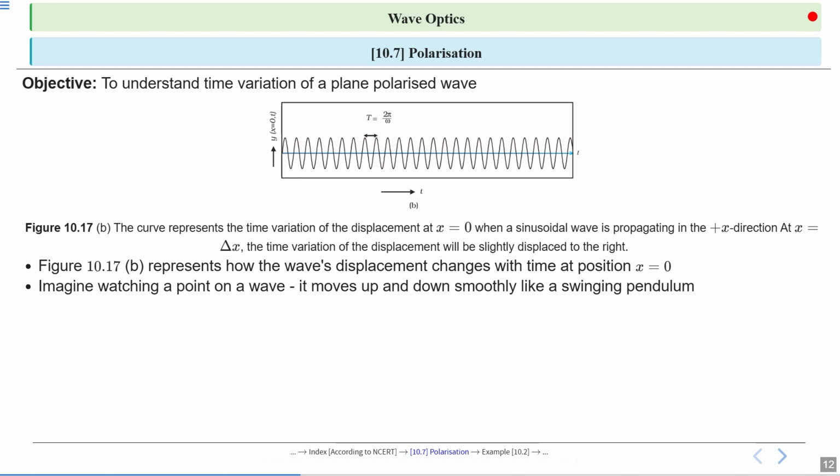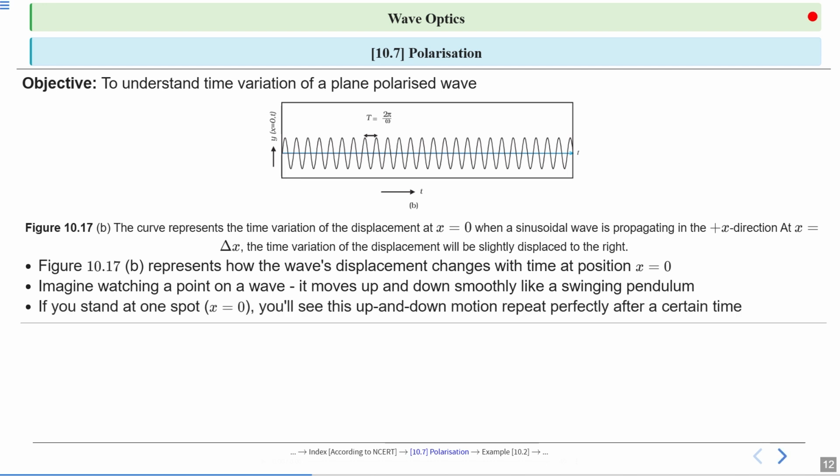By visualizing this, we can better grasp how waves propagate through space. If you were to stand at one spot, say x equals 0, you would observe this up and down motion repeating perfectly after a certain interval of time. That is the time period of the wave. This repetition is known as the wave's period, and it's crucial for understanding wave behavior.